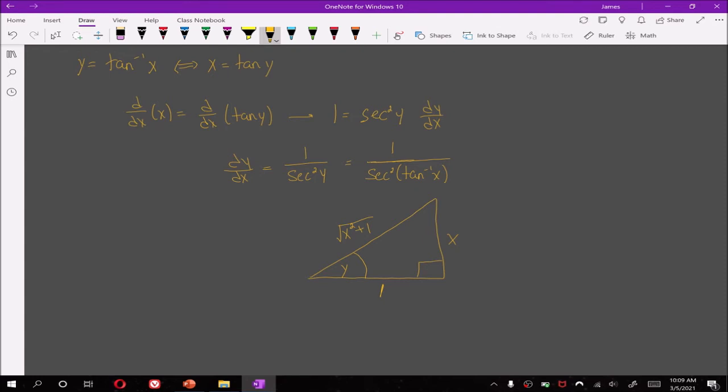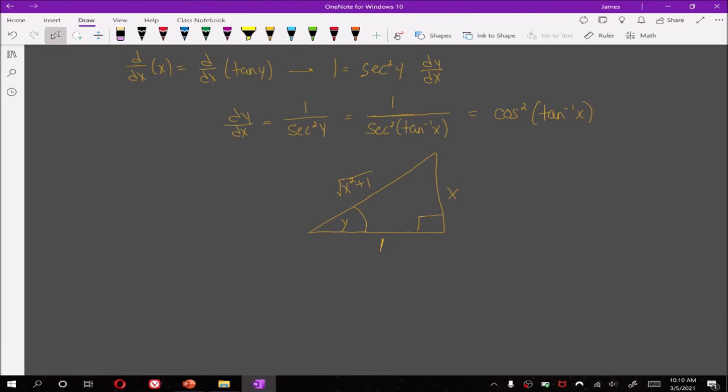Secant is 1 over the cosine, right? So really what we can do is write this as kind of like cosine squared of the inverse tangent, right? And of course, cosine is adjacent over hypotenuse.